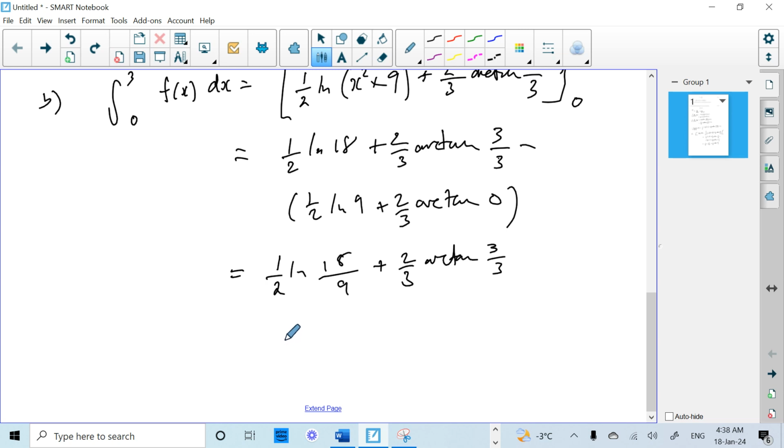So we end up with a half log 2 plus 2/3 arctan 1, which is pi over 4, so we can call that pi over 6.